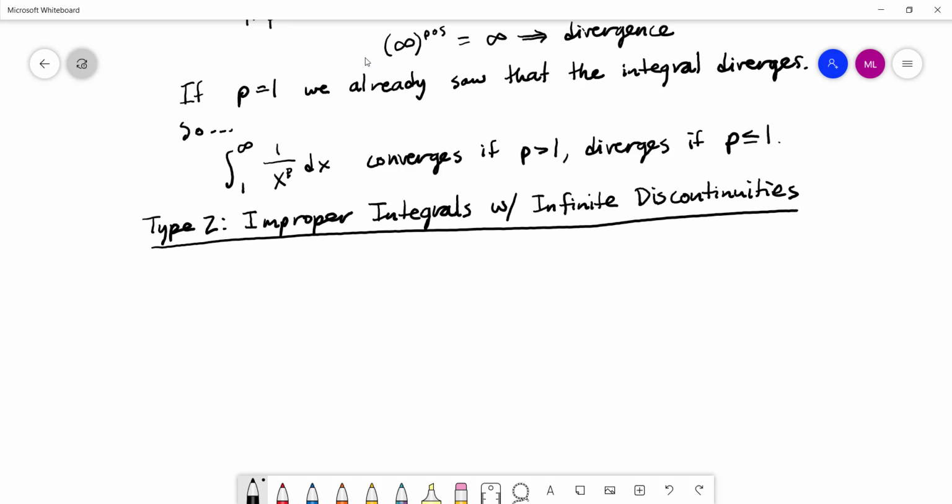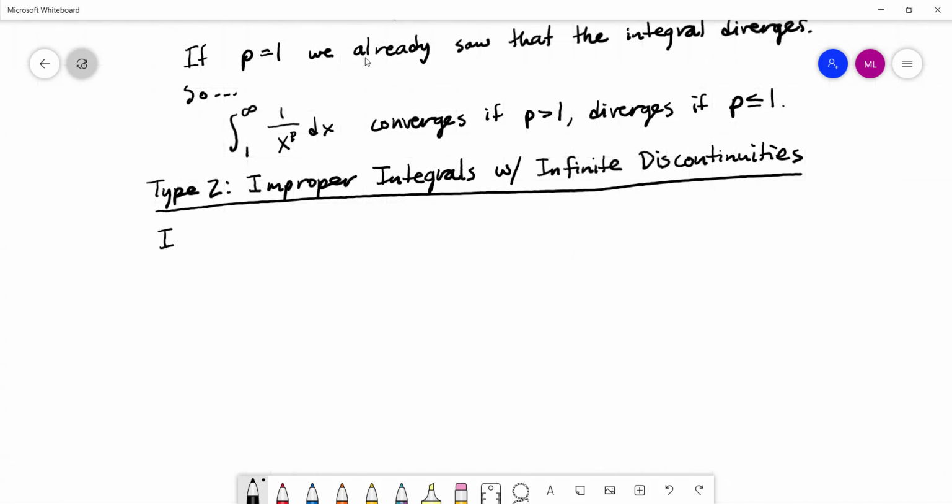Let me just give you the rules for this instead of jumping into the pictures. The picture is kind of similar, so let me just do a quick idea. If I am integrating over some function and it has some asymptote, right, here's some asymptote, and then the integral does something like this.